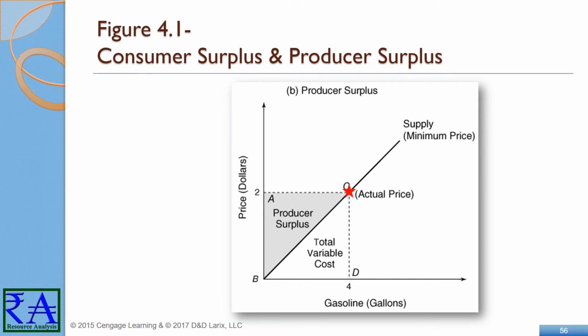At a cost of $2 per gallon and 4 gallons supplied, revenue totals $8. The minimum amount they must receive is their total variable cost of B, C, D. Producer surplus in this case is the difference between what they received and their total variable cost, or $8 minus $4, netting the producer $4.